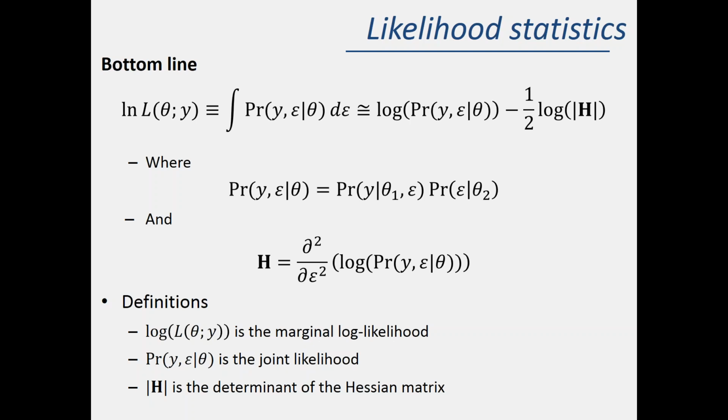To do that Laplace approximation, we have to maximize the joint likelihood function with respect to the random effects, and we have to get the matrix of second derivatives. So here we're at a place again where we can see why we need, what was rank again? Why do we need full rank for the random effects?